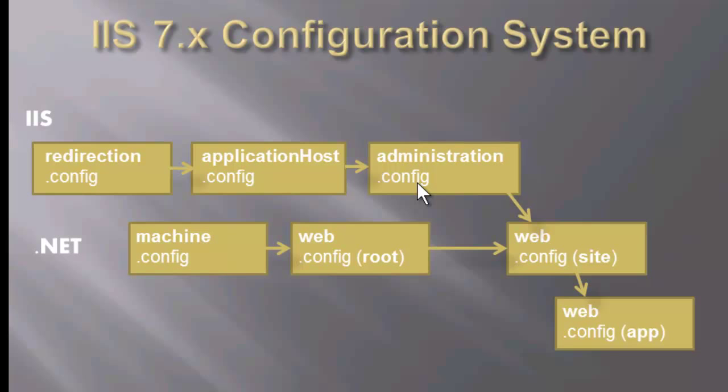Application host.config and administration.config host most of the settings related to IIS, but a lot of settings now, related not just to the .NET aspect but also the IIS configuration part of it, can live in these files here, web.config and also the subfolders' web.config files. And then .NET itself is the same as it always was. You have your machine.config and your web.config, and of course they also leverage the web.config files.